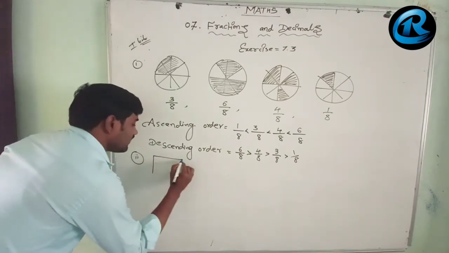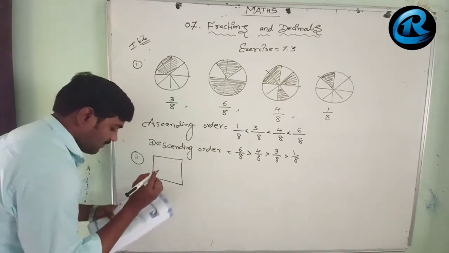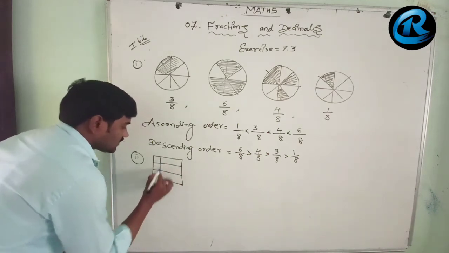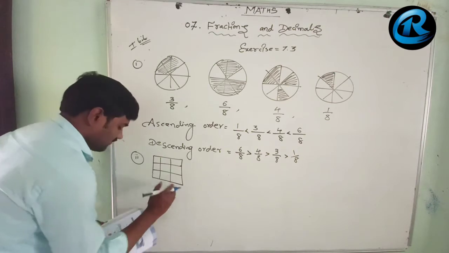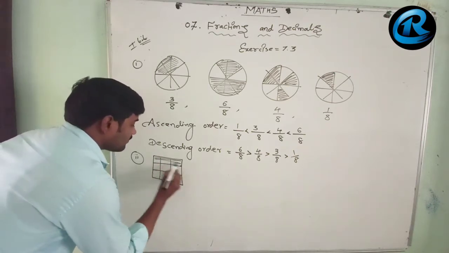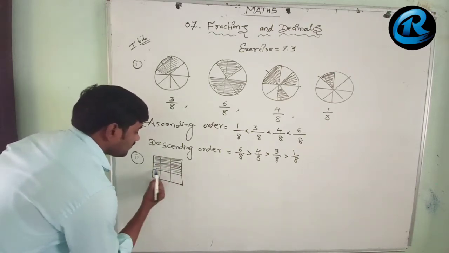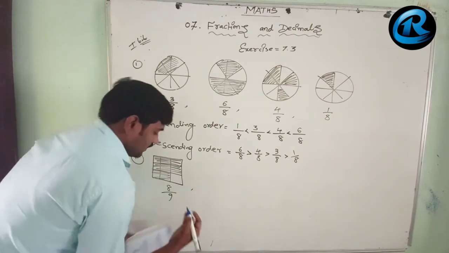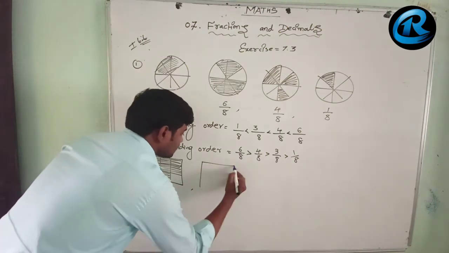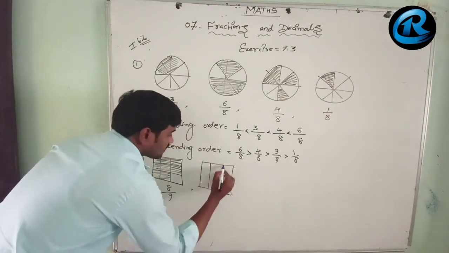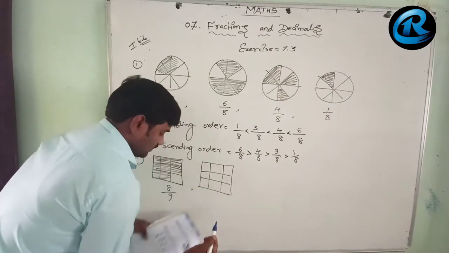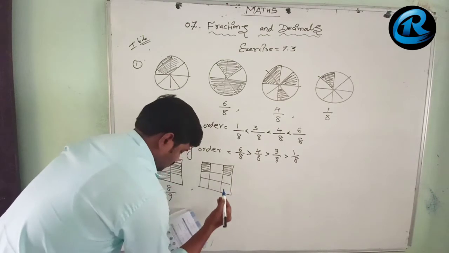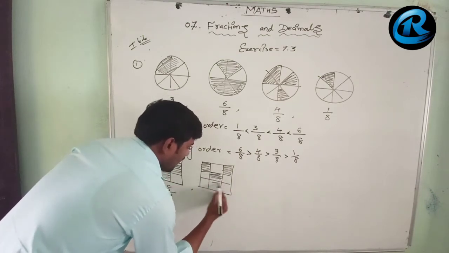Now, this time they have given square boxes which are divided into 9 equal parts. In the first, 8 boxes are shaded, so it is 8 by 9. In the next square, also divided into 9 equal squares, I shaded 1, 2, 3, and 4.